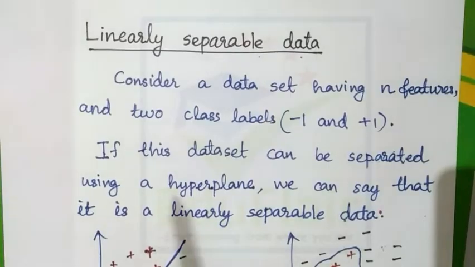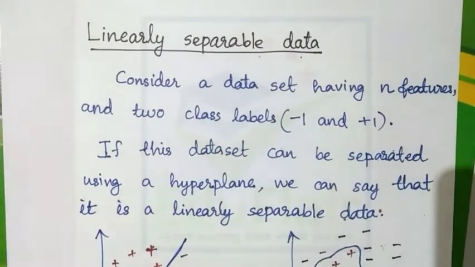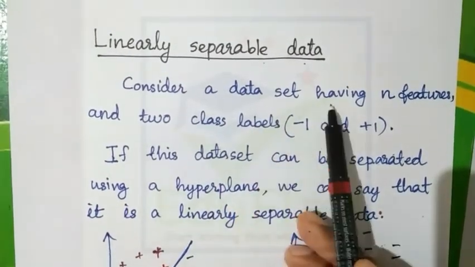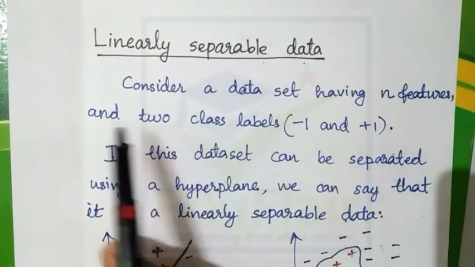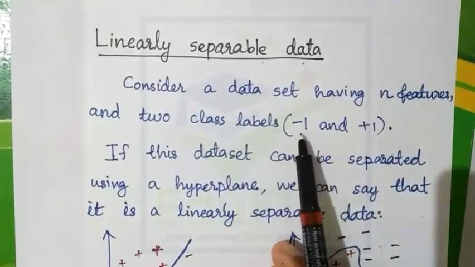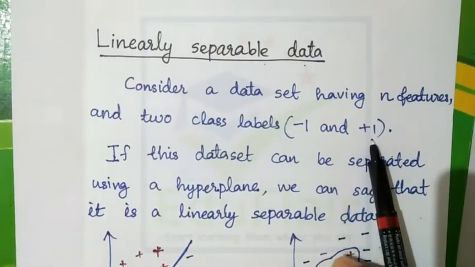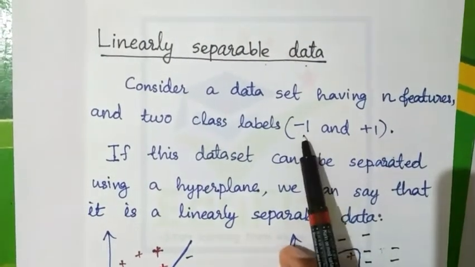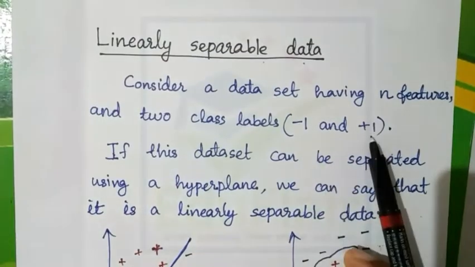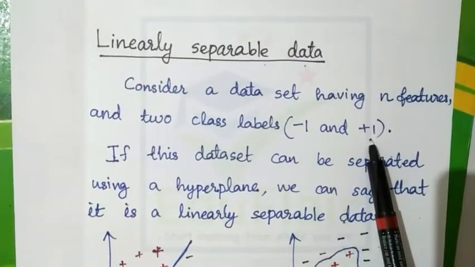Now let's see what is linearly separable data. Consider a dataset having n features and two class labels. The class label is either a negative sample or a positive sample. Negative sample is represented by -1 and positive sample is represented by +1.